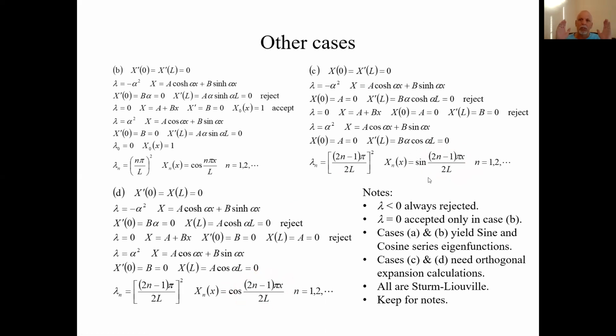If you go back to where we talked about orthogonal expansions, you could come up with your own Fourier series for these. Maybe you could call them the Fourier-Hoven series or something, or name them after yourself. You could expand a function using these eigenfunctions from these last two cases.